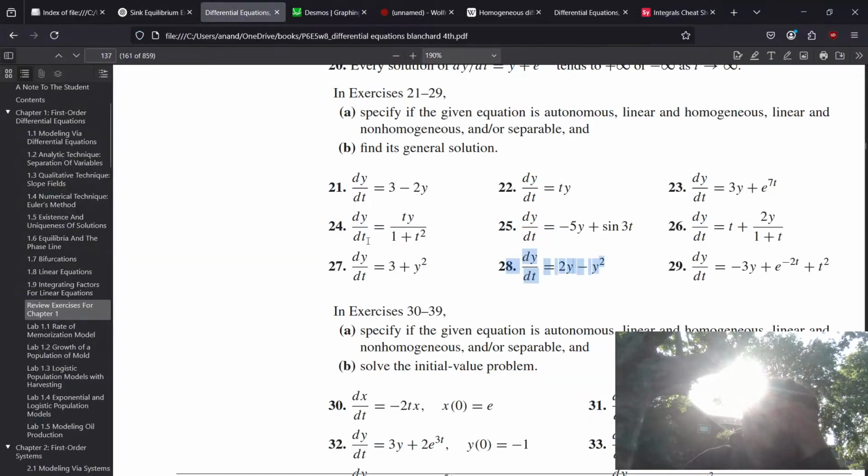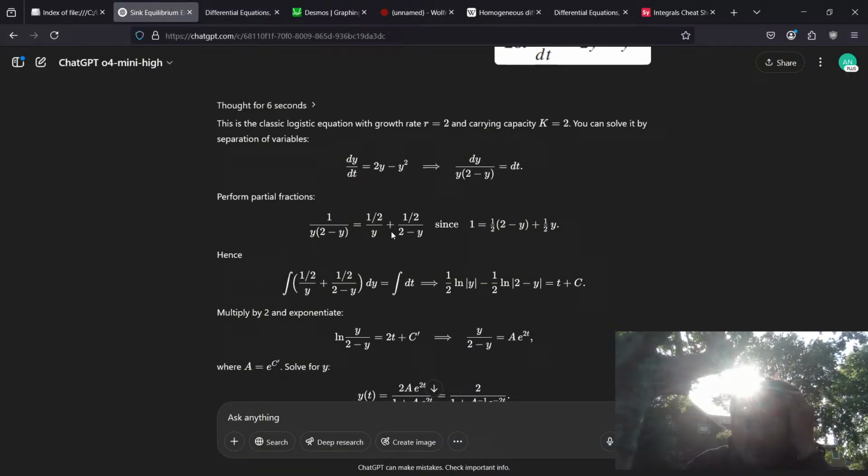A little bit of that. This one, integration by, what was this, partial fractions? Can I look at how they did that? How did they do that?